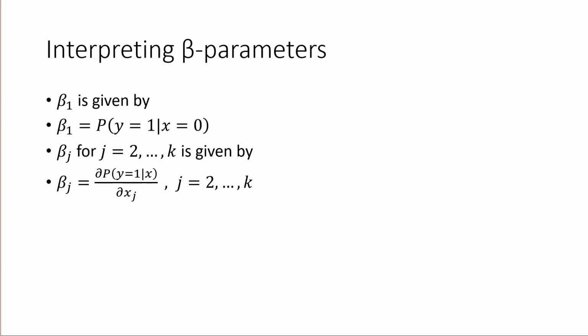The old interpretation that beta j is the change in the expected value of y when x changes by 1 unit still applies. But typically this is a much more useful interpretation, as we will see in a short while when we do some examples.